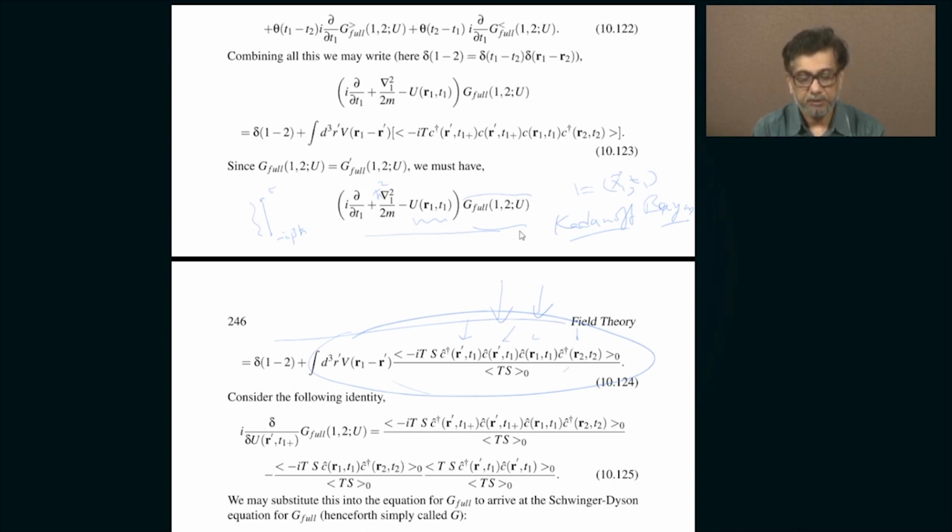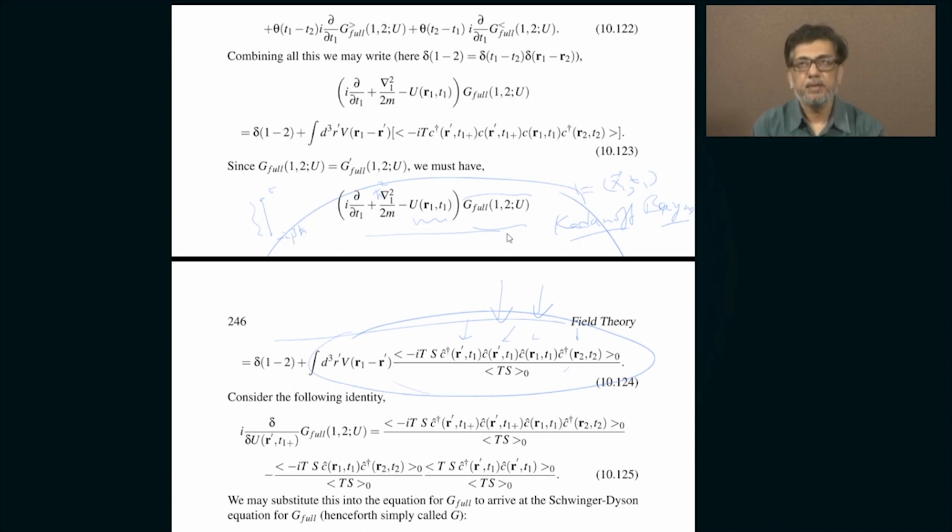So if I am successful in showing you that, then what this equation becomes is an equation involving a version of the Green's function which creates only one particle and annihilates only one particle and nothing else. It doesn't involve Green's functions where you are annihilating two particles or creating two particles.